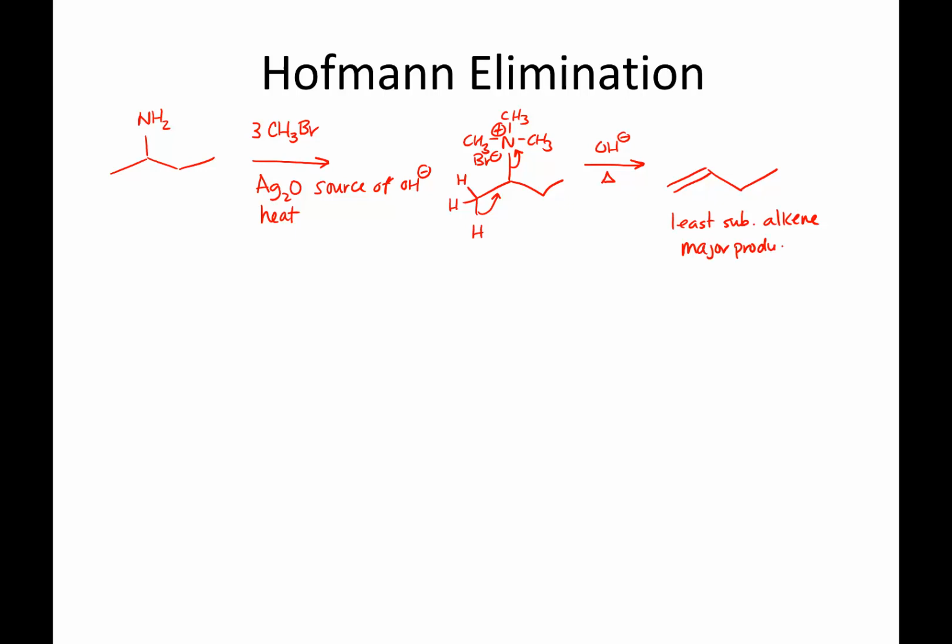Okay. Now, there is a stereochemistry here that we need to take into account. Basically, this is still an E2 mechanism, only it favors losing the hydrogen from the carbon with the most hydrogens, with the least number of alkyl groups.